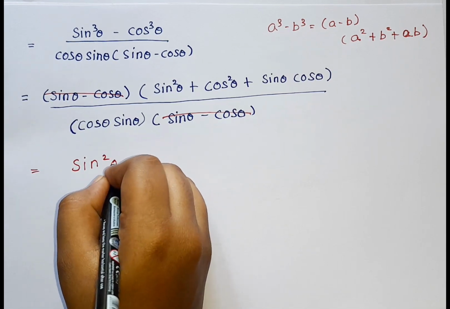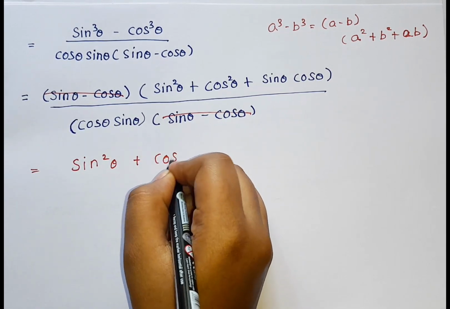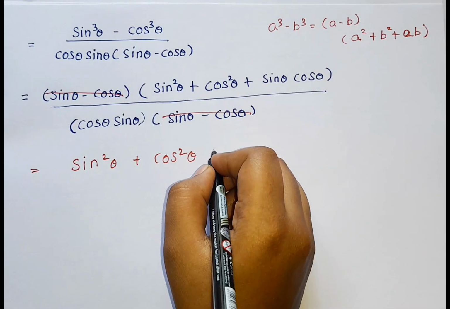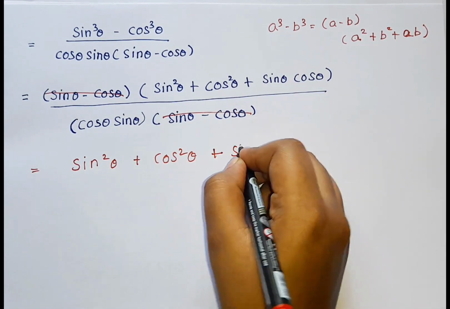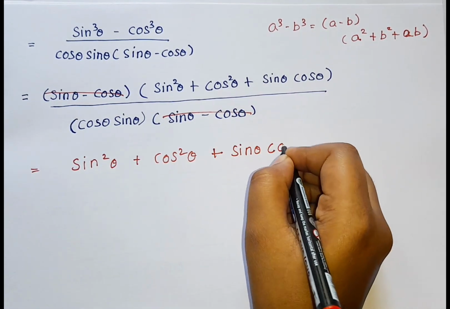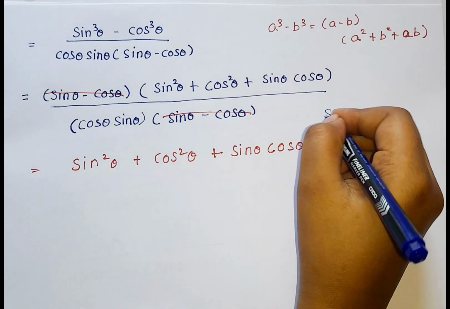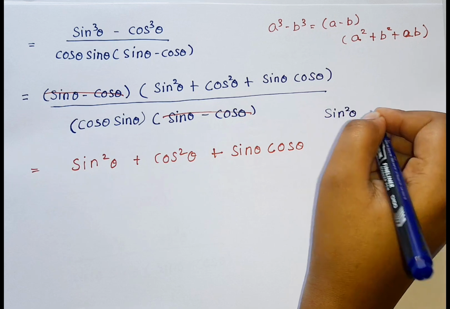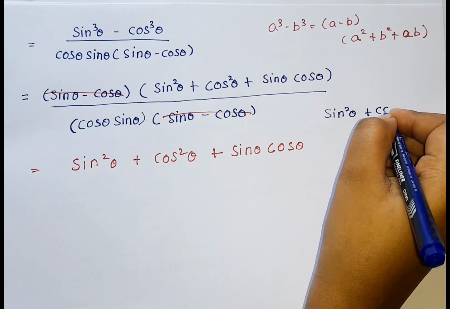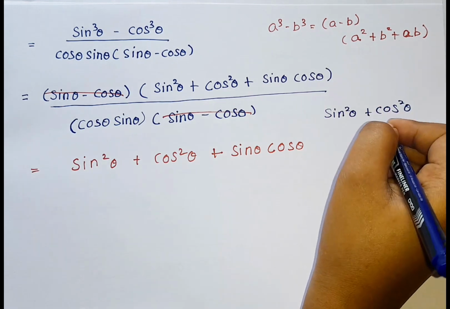After cancelling, what are the left out values? I have sin square theta plus cos square theta and then plus sin theta cos theta, divided by cos theta sin theta. Here I can apply one identity, that is sin square theta plus cos square theta is equal to 1.